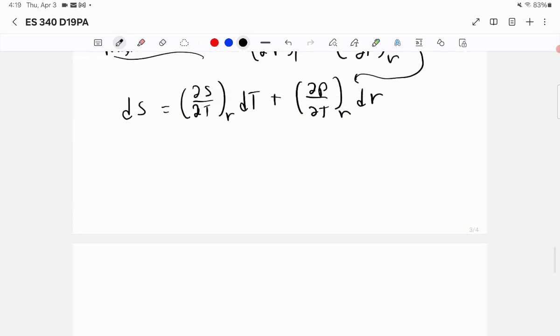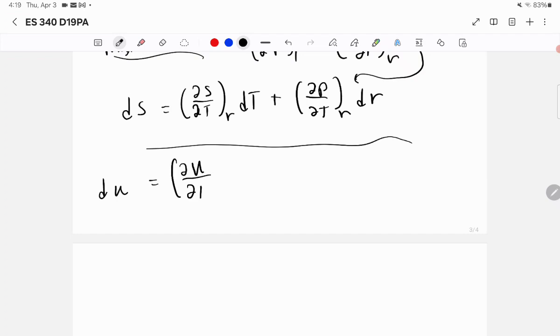Okay, and we can continue going further down the line. We can also do things in terms of the specific internal energy. So du is going to be equal to (du/dT) with v held constant dT plus (du/dv) with T held constant dv.